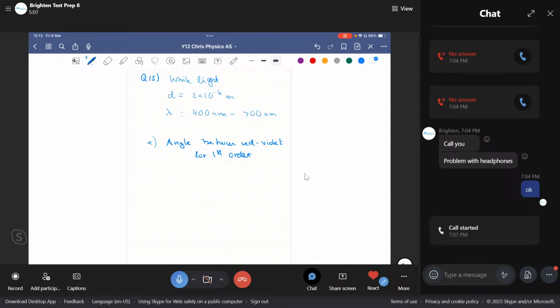First use d sine theta equals n times wavelength. 1 times 400 times 10 to the power of negative 9. d is 2 times 10 to the power of negative 6.